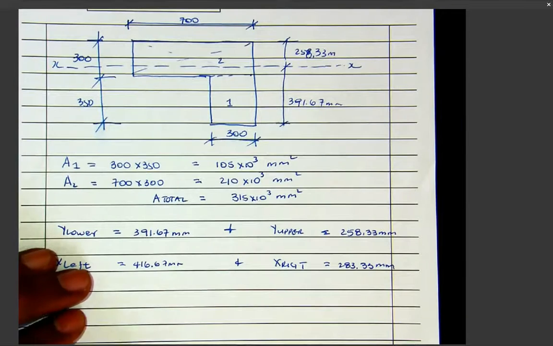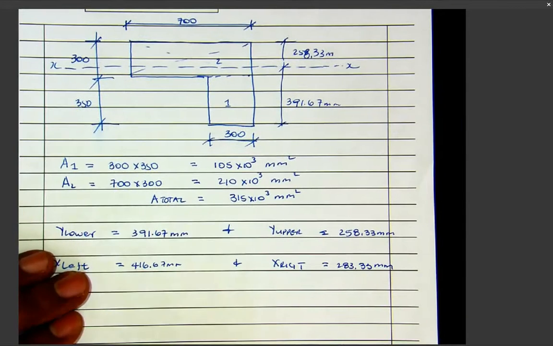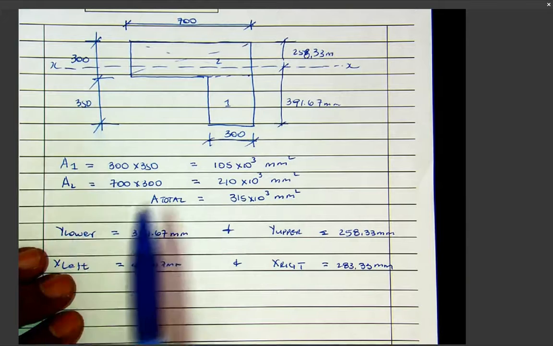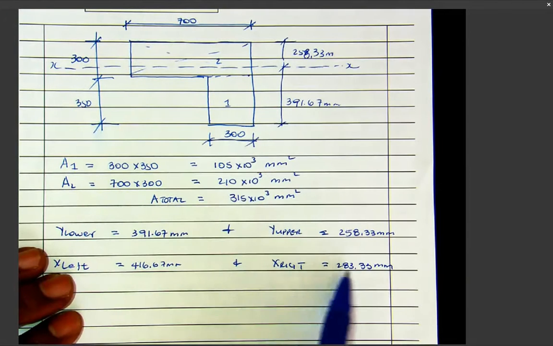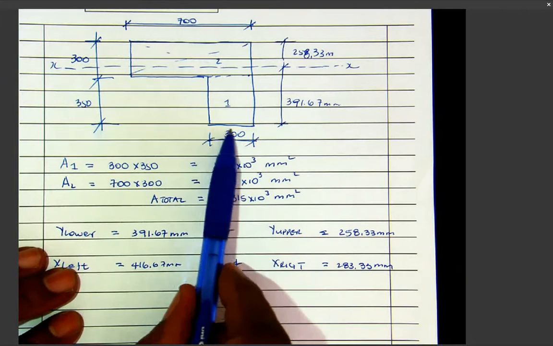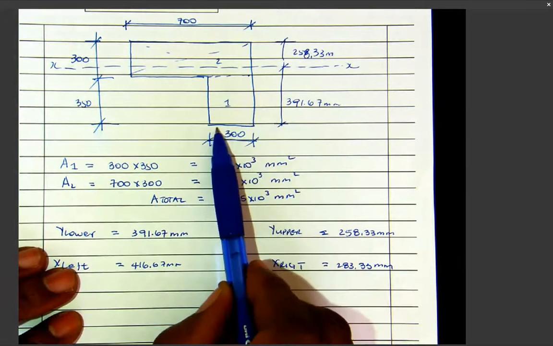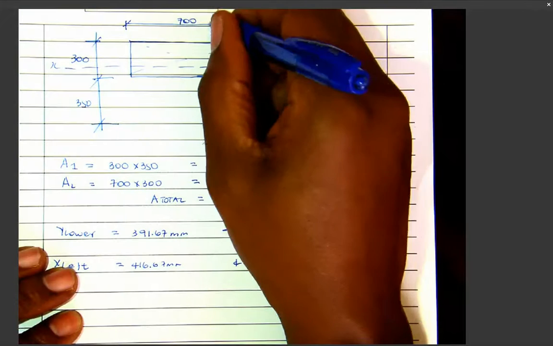The question is now, what about y? Y from the right is 283. So I'm looking at this dimension here is 300. This is the right hand side. I've explained that is 300. So 283 is somewhere here.